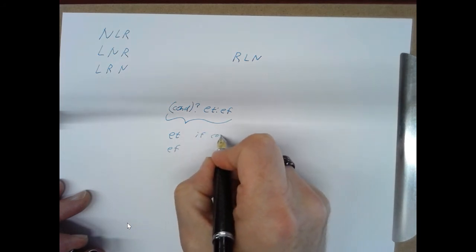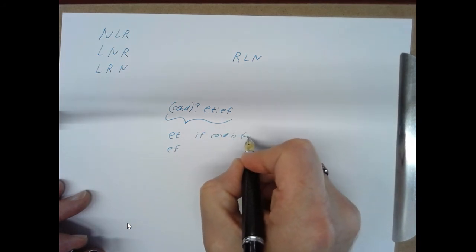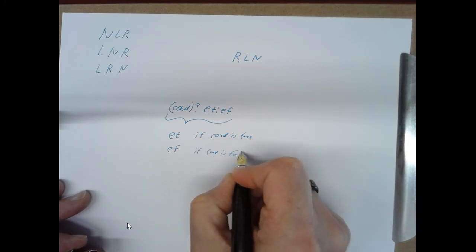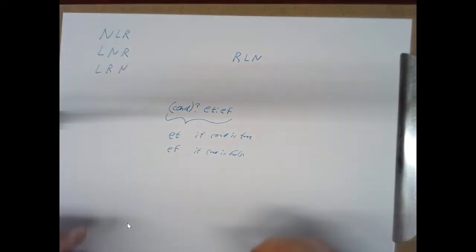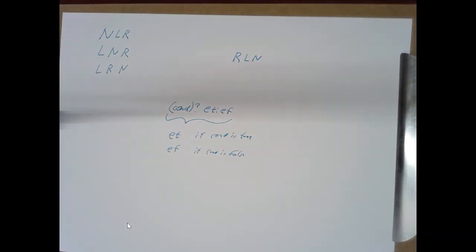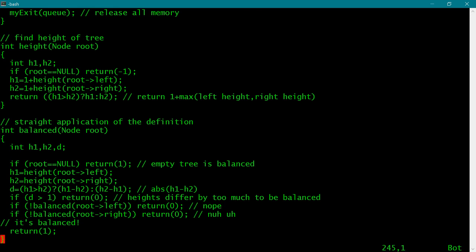ET if condition is true, EF if condition is false. So this basically gets replaced by one of these two things on either side of the colon. So in this case, if H1 is bigger than H2, this whole expression is just equal to H1 and it returns H1. Otherwise it returns H2. It's just a shortcut.